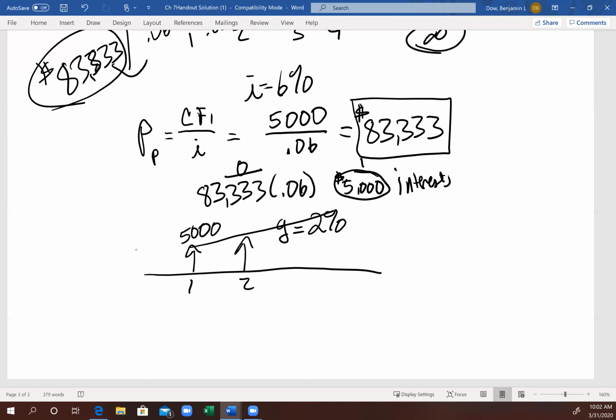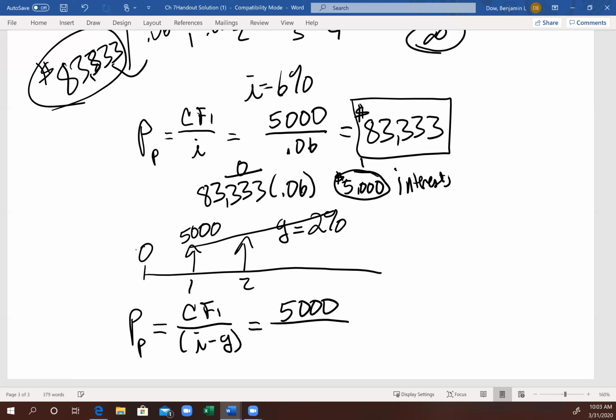Now what happens to the formula? The present value of the perpetuity that's growing is equal to the first cash flow divided by the interest rate minus G. So now all of a sudden, if we want to have $5,000, but we want that to grow by 2% because we figure tuition's going to go up, if we divide it by I minus G, now instead of 83,000, we've got to put up 125.